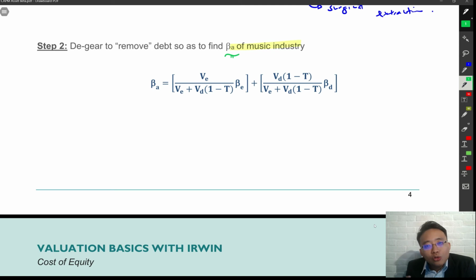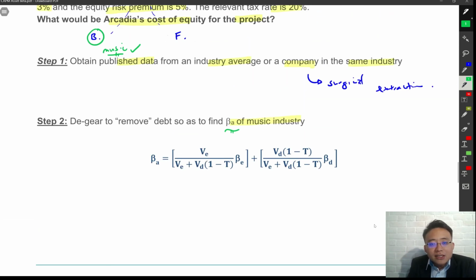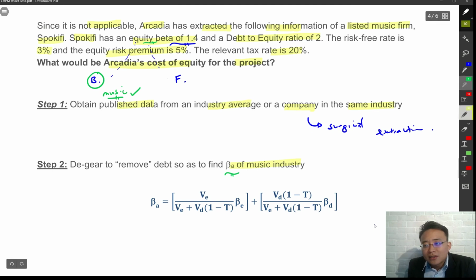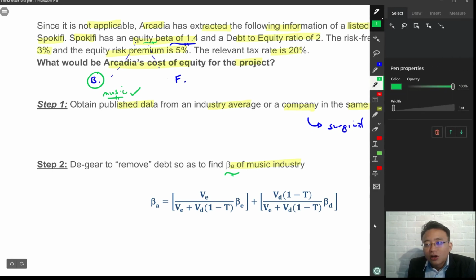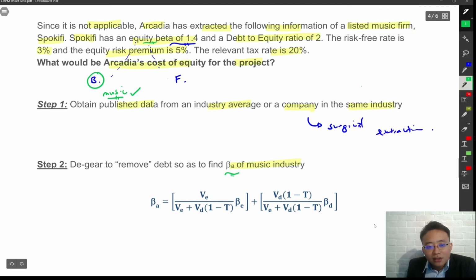So, how do I surgically take it out of Spotify? Easy, people. This is your operating theatre and the doctor is waiting. The doctor is here. Right? Remember, this is at 0, so this is irrelevant. That beta is irrelevant. We're going to ignore that.